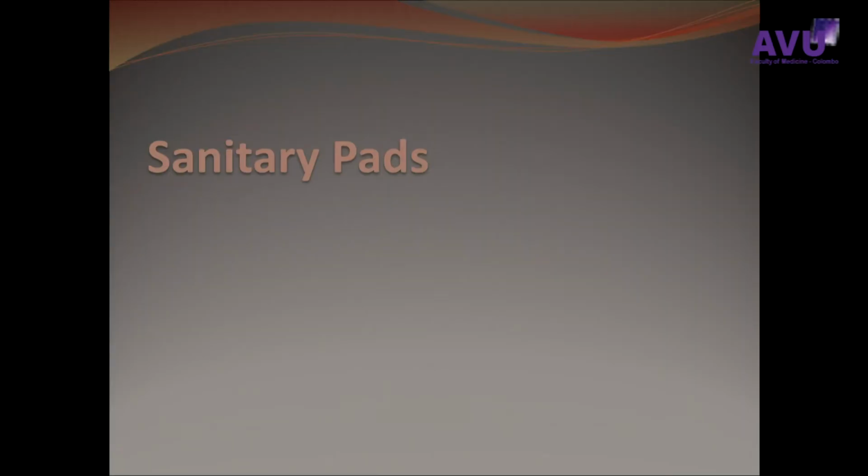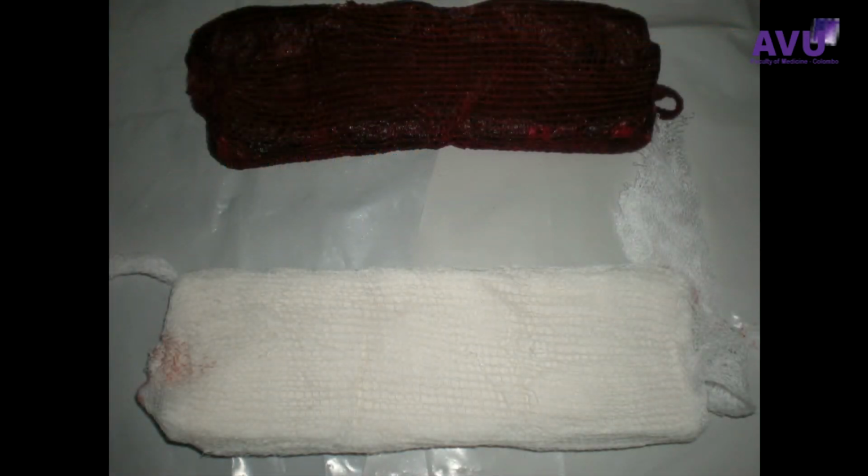Now, let us look at some commonly used utensils and materials. Let's look at these sanitary pads. Like I said before, these can vary from country to country, and what we have used are the sanitary pads that are used in maternity units in Sri Lanka.